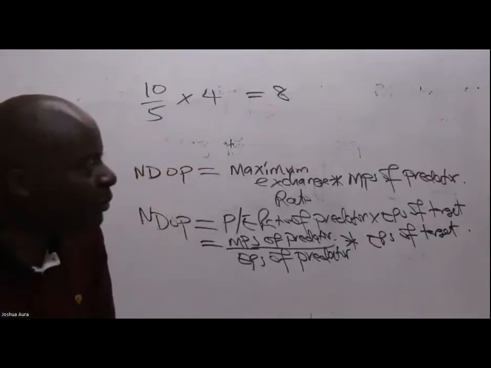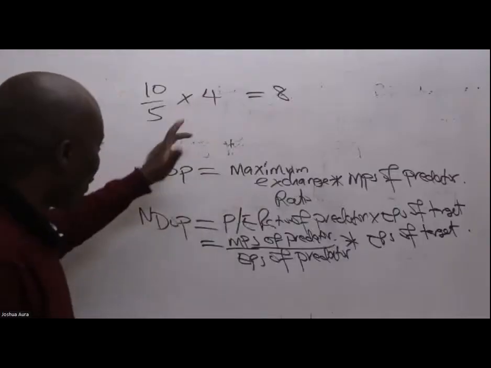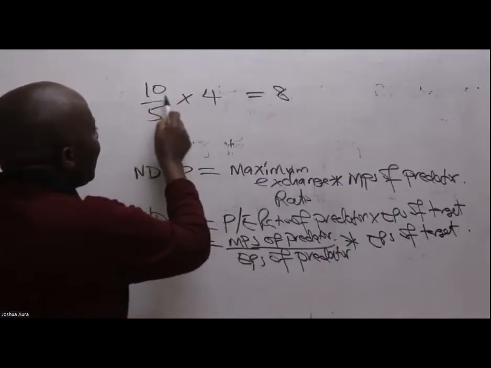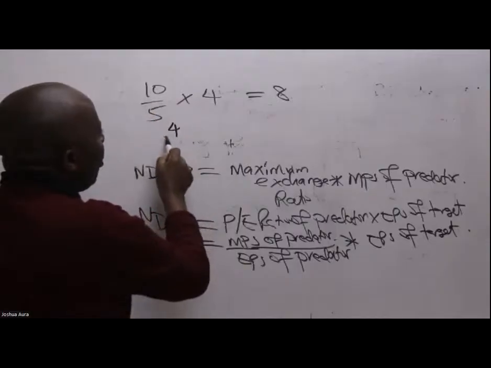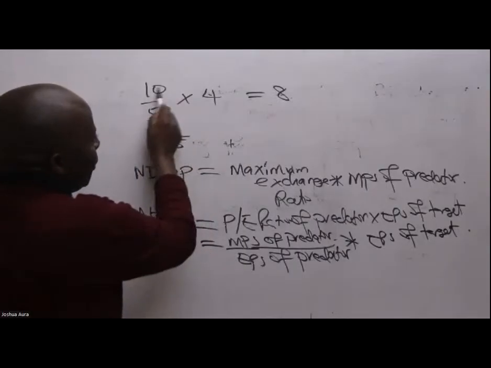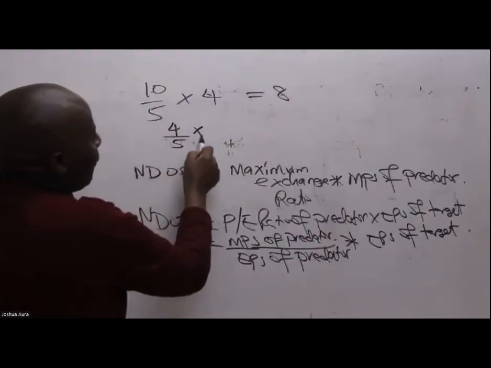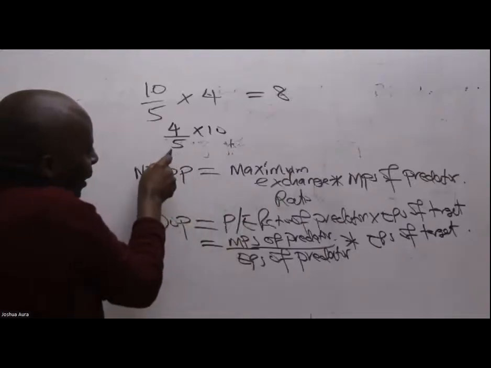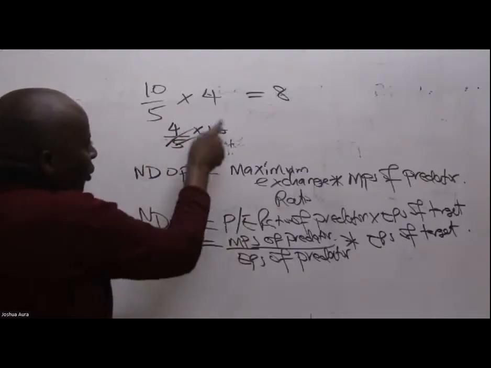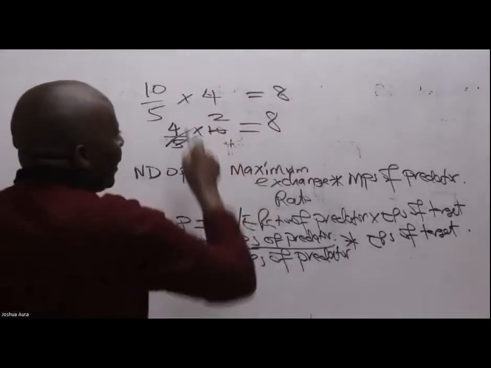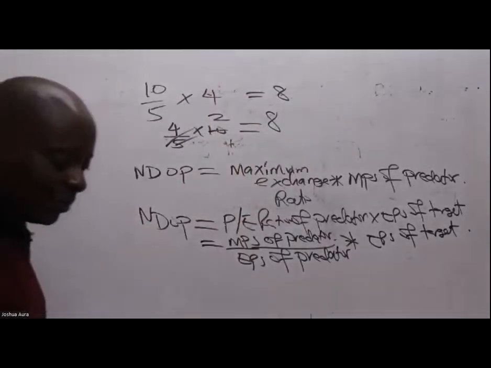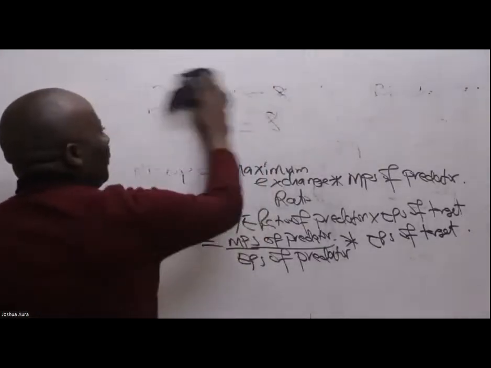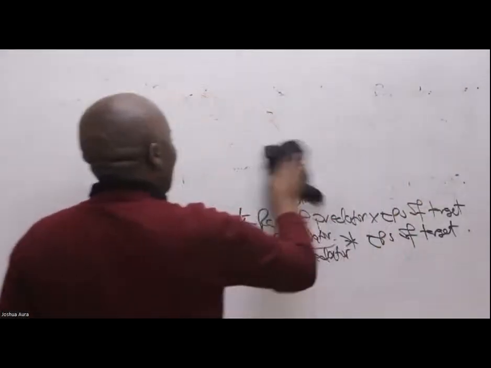So I can say, I'm swapping the numbers: it will be 4 over 5 times 10. This is still okay because in multiplication, I can still have this going here twice and still giving me 8. This is very correct in terms of algebra.